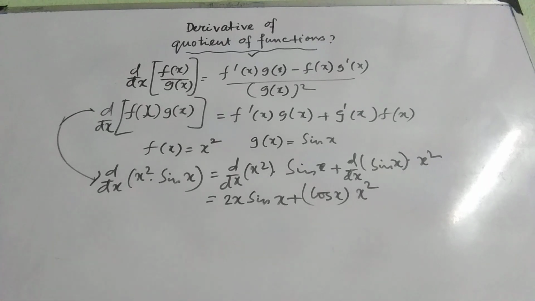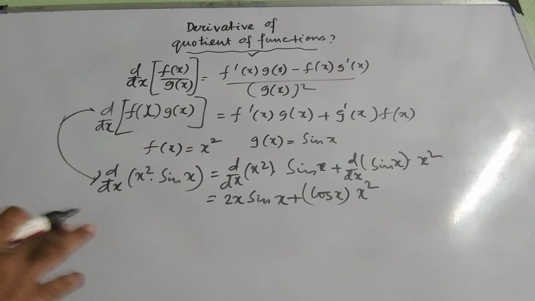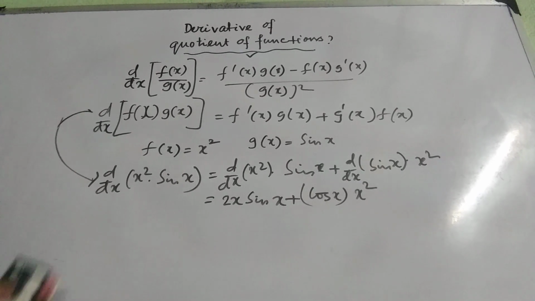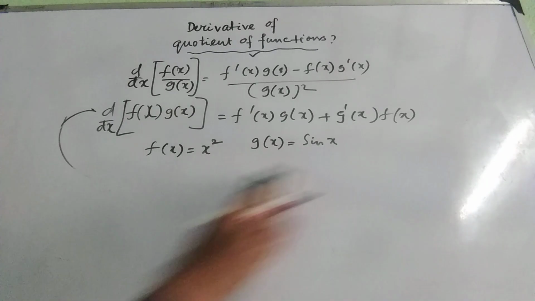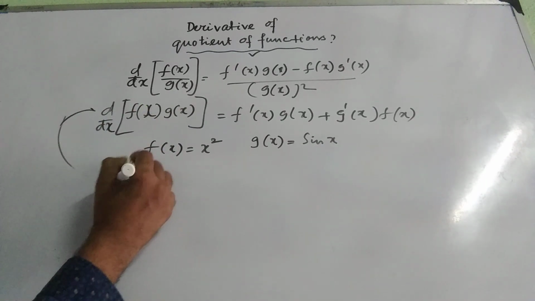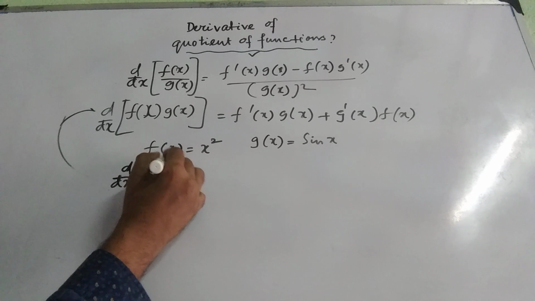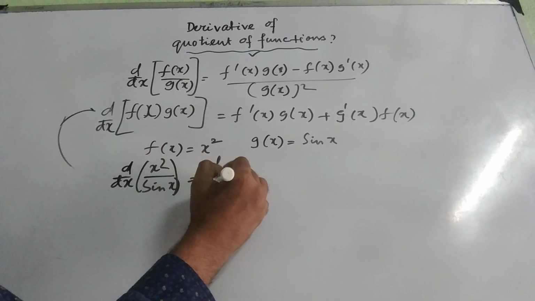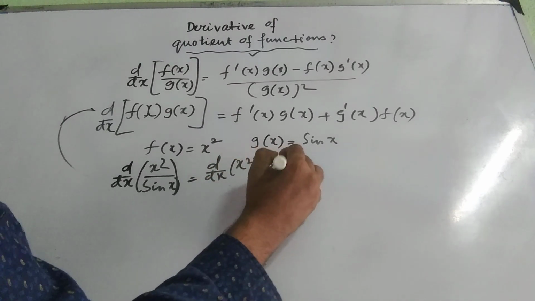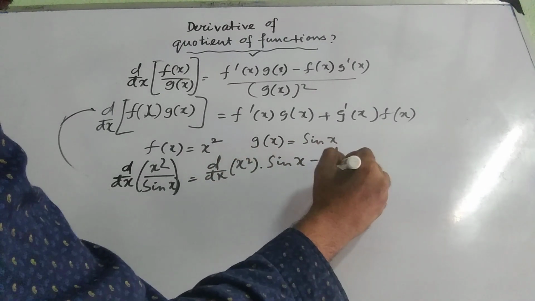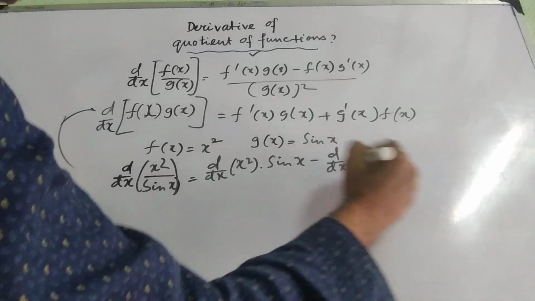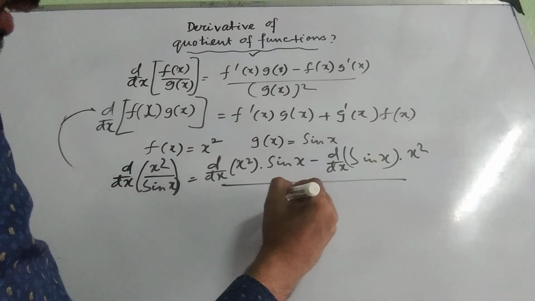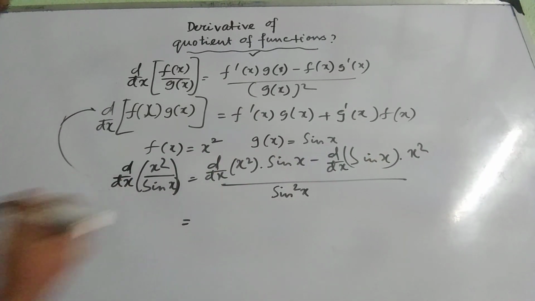So this is an example of how you can find the derivative of a product of two functions in practical scenarios. Similarly, if I want to find the derivative of the quotient of x squared and sin x, then d/dx of x squared by sin x will be d/dx of x squared, that is the numerator, into sin x, minus d/dx of sin x, the derivative of the denominator, into the first function, divided by the denominator squared, so it will be sin squared x, right?